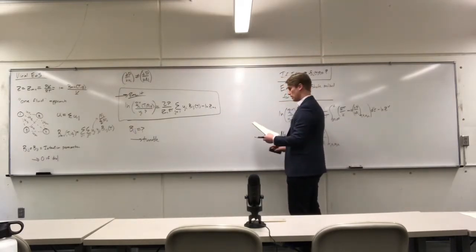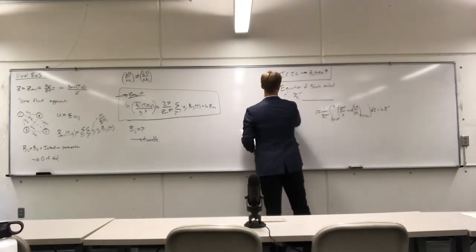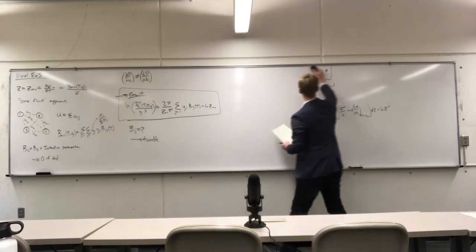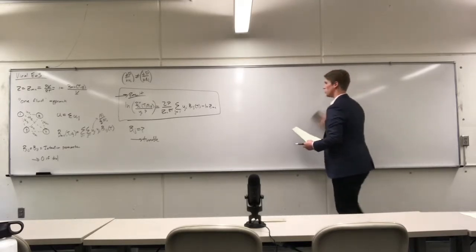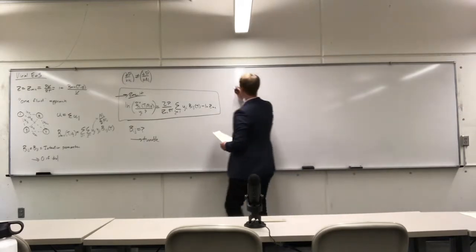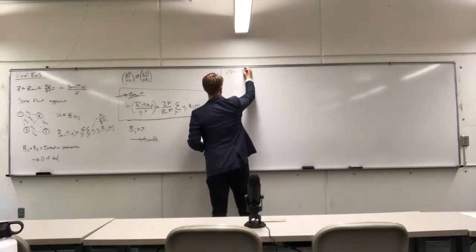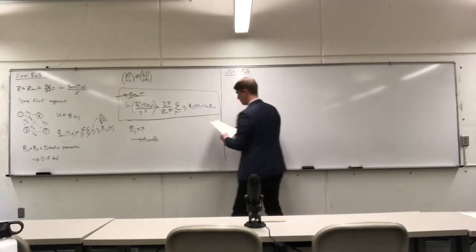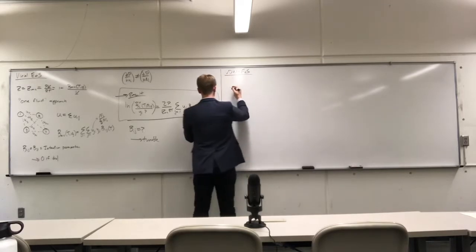Okay. Now, moving on to the next one. Now, what is the next equation of state we're going to discuss? Van der Waals. There we go. The Van der Waals equation of state. Again, we're going to take a one fluid approach.